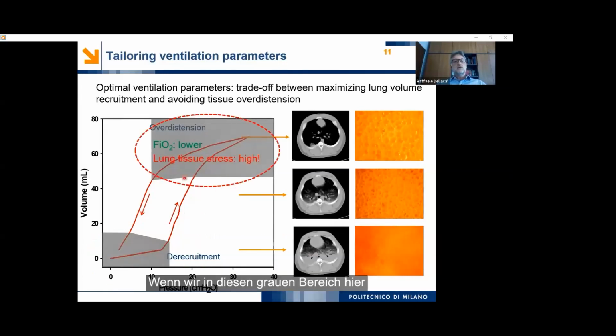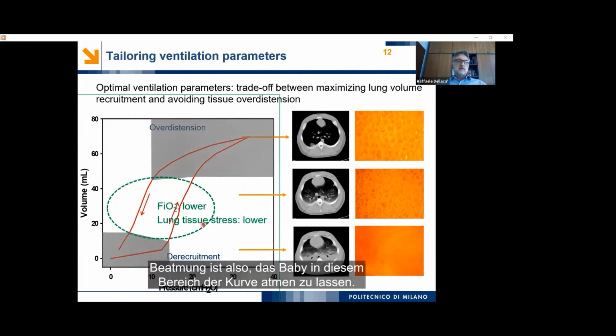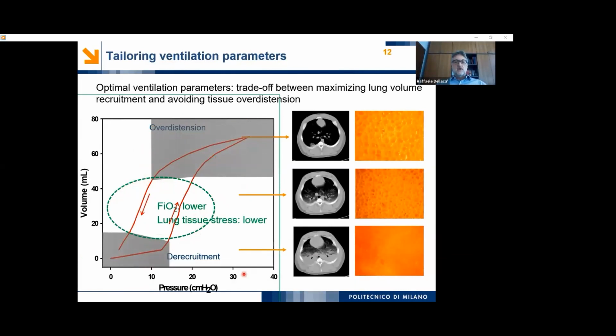If we go to this gray region here, now we need lower FiO2 to provide ventilation, but we are still providing a very high lung tissue stress. So the ideal setting for our ventilation would be to have the baby breathing in this region of the curve.